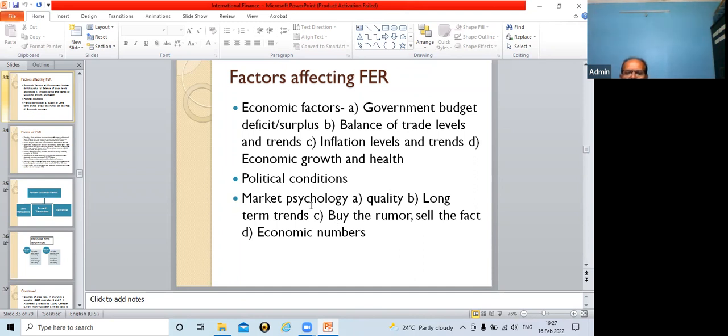Then another psychology, there is long-term trend. The product which has a long-term trend, surely there will be good demand for that particular product. And if there is good demand and you are exporting that product, certainly the country will have foreign currency inflow.